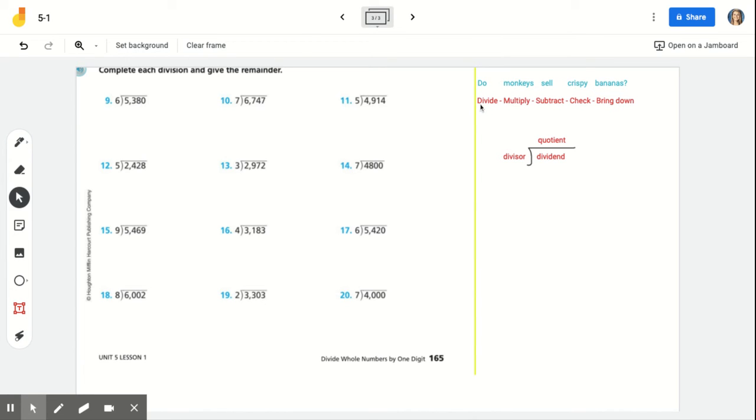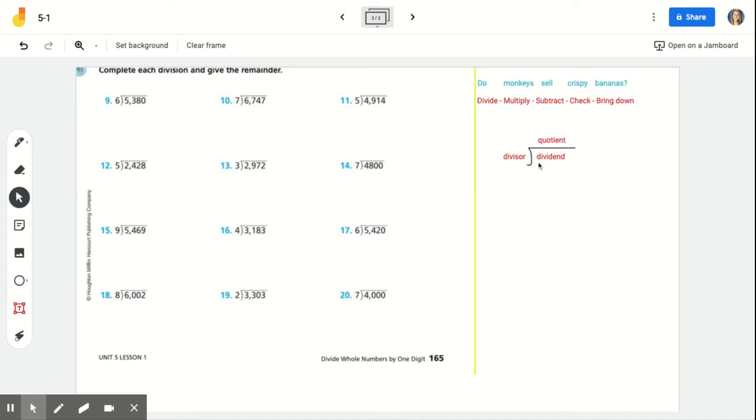That also starts with a D. Monkey starts with M. For monkeys, think of multiply. That also starts with an M. Sell, think of subtract. S and S. Crispy, we're going to think of the letter C, which goes along with check. And bananas goes along with bring down. Both start with B. So I'll be referring back to that question quite a bit in today's lesson.